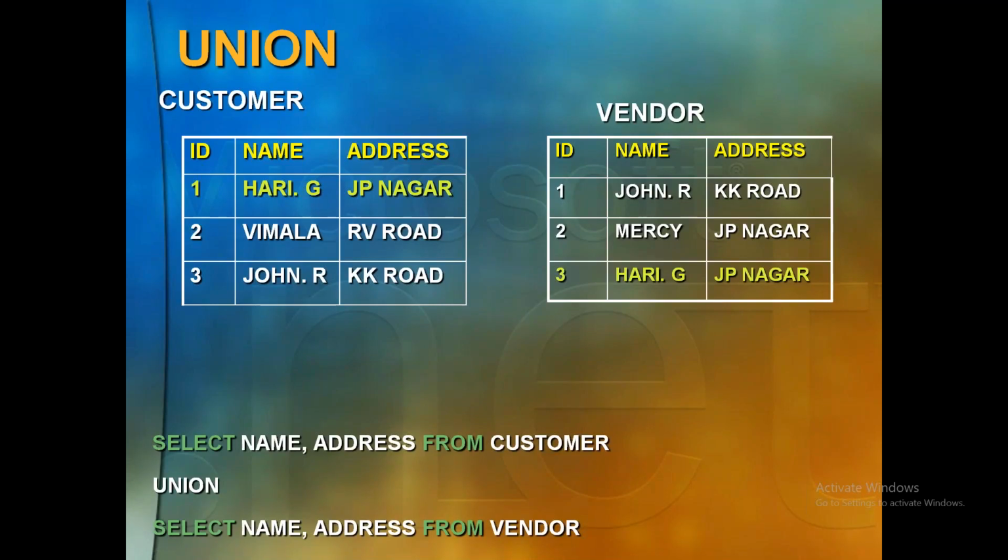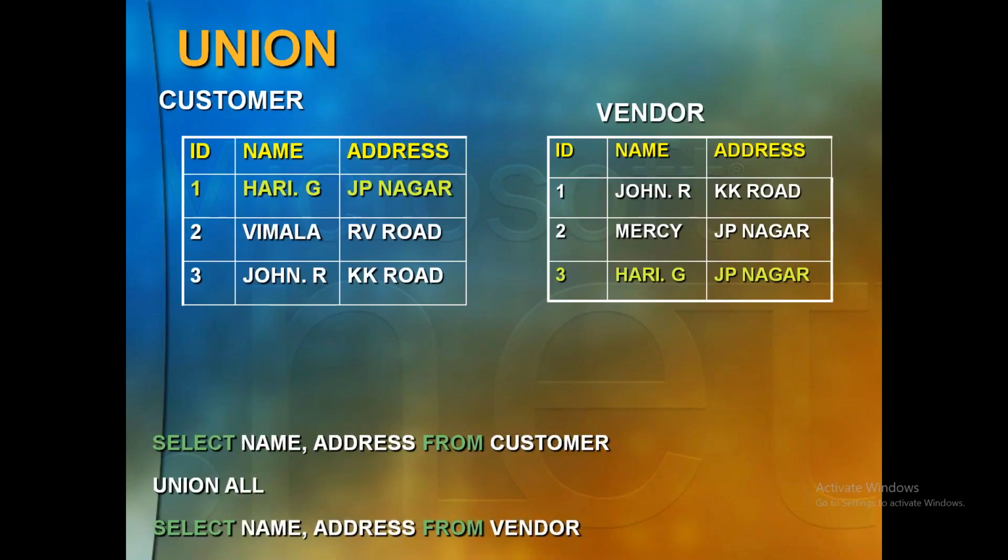So if you wanted to keep duplicates, we can go in for union all. Clear? So union is going to be sorting the data as well. Union all is not going to sort the data, and is not going to remove any duplicates. So that is the difference between union and union all.